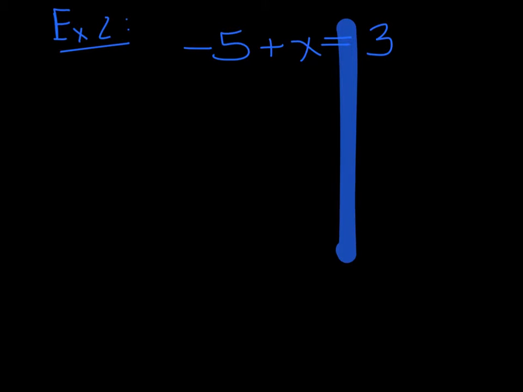Another example would be, let's say we have negative 5 plus x equals 3. This type of problem is actually, there's my bracket, a subtraction problem.